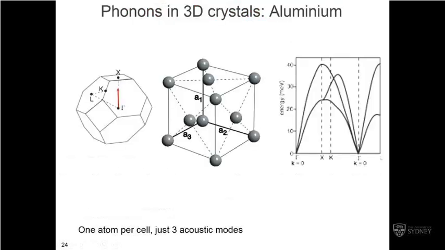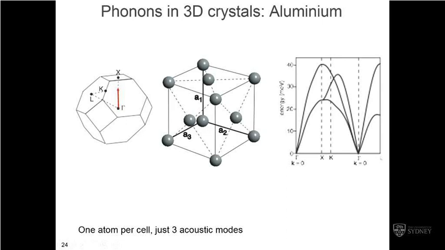This shows a real calculation for aluminium. Aluminium, remember how many atoms per unit cell it has? Just 1, okay? And it's face-centered cubic, as drawn here. This shows you your Brillouin zone that you're familiar with now. And just like the electronic structure, you can plot out the modes or the dispersions as you go in k-space.